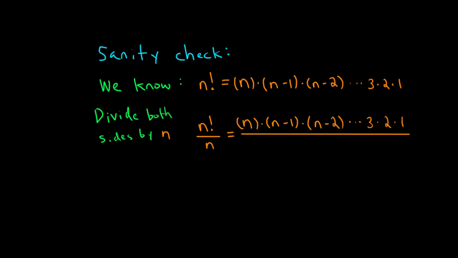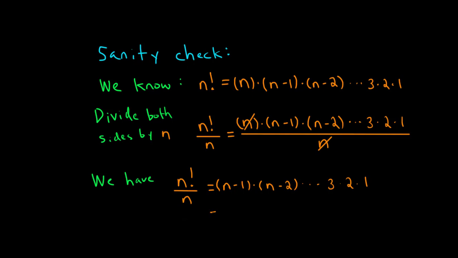all over n. And then, of course, the n in the numerator and the n in the denominator cancel, and we have n factorial over n equals n minus 1 times n minus 2, times 3 times 2 times 1.